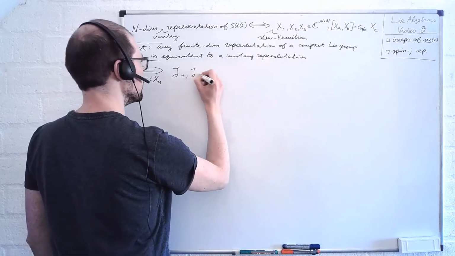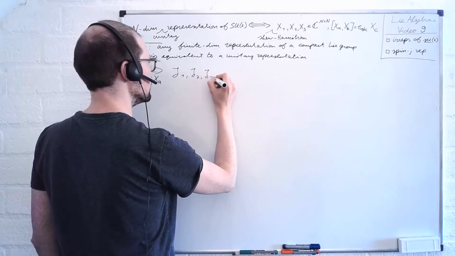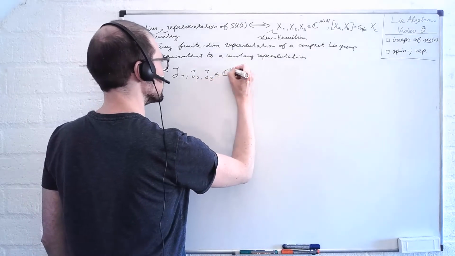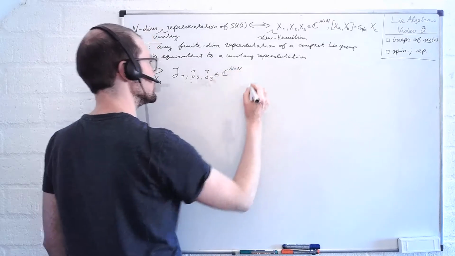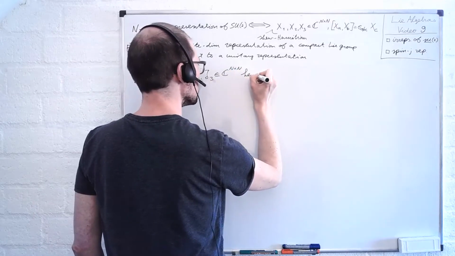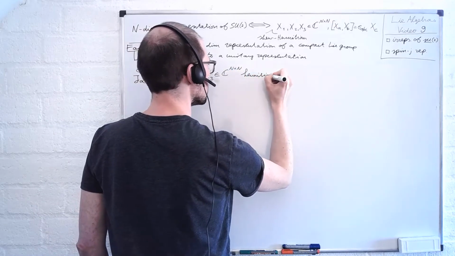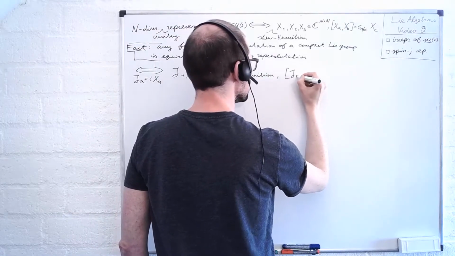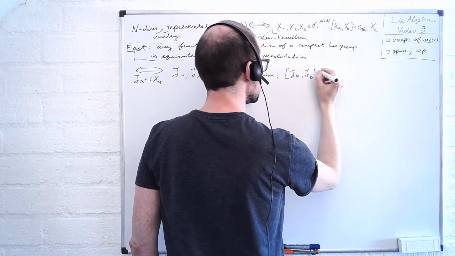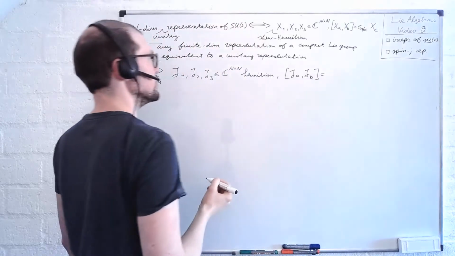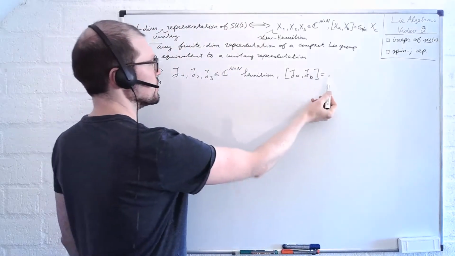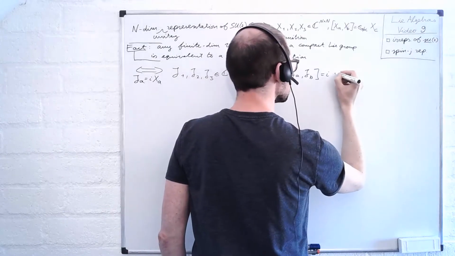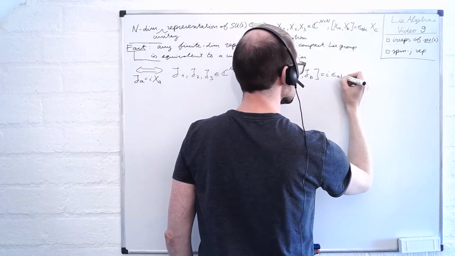Then J1, J2, J3 are complex n by n matrices which are Hermitian and satisfy now [J_a, J_b] equals, so you get an additional factor of i in front of the structure constants.